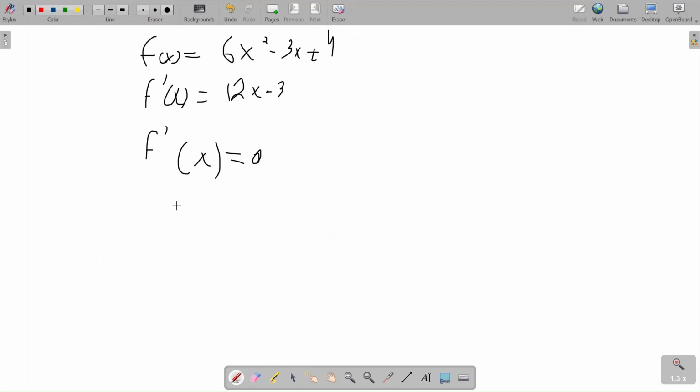So what we're going to do, 12x minus 3 equals 0. You take 3 to the other side, 12x equals 3. x equals 3 over 12, which equals 1 over 4.